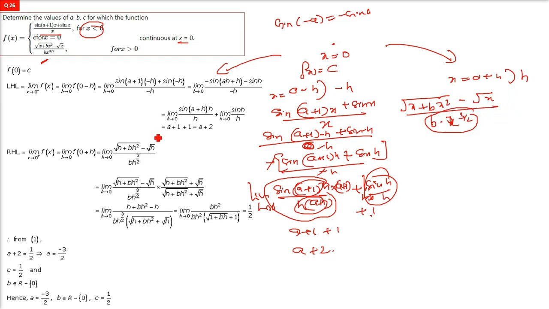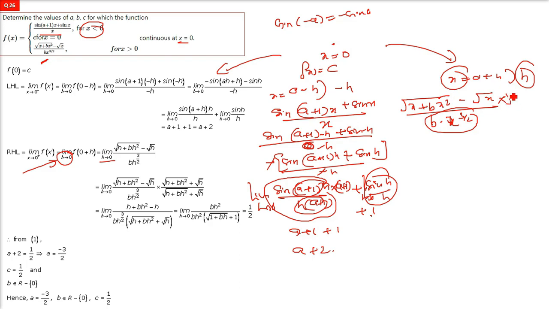It's up to you. I'll keep it as x. I'm not going to replace it here. First I'll solve this, and then later I will replace x with h. You can do it in the beginning as well, it doesn't matter.